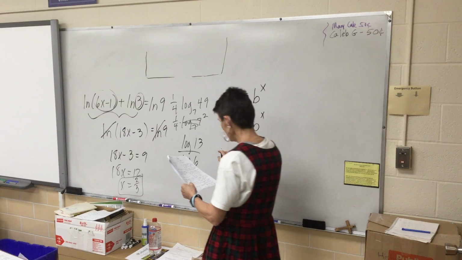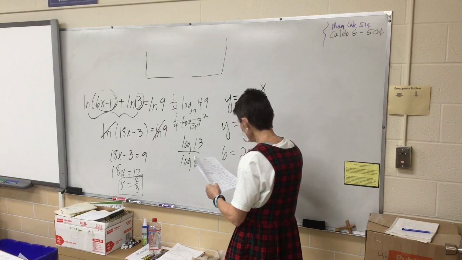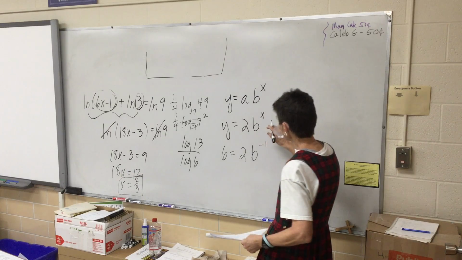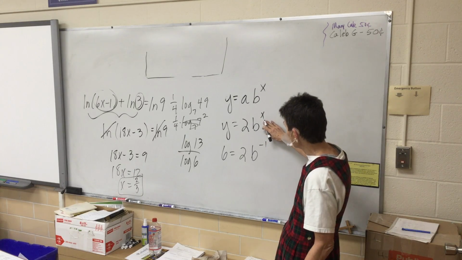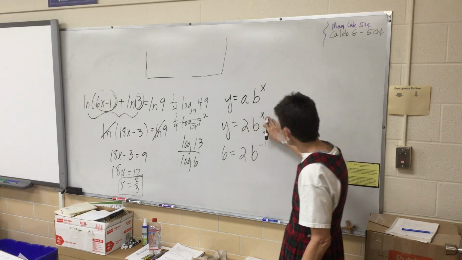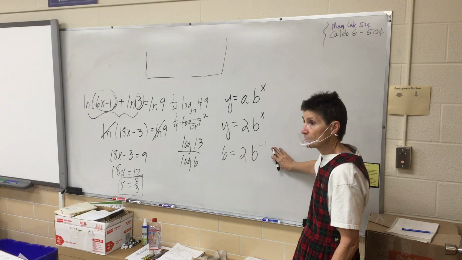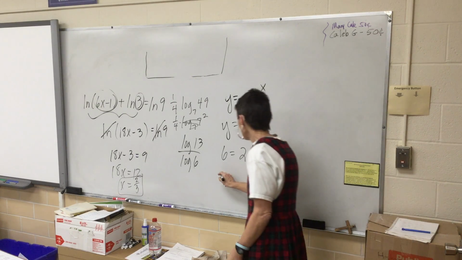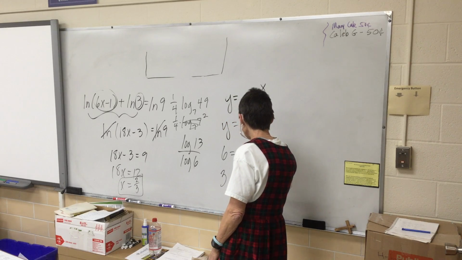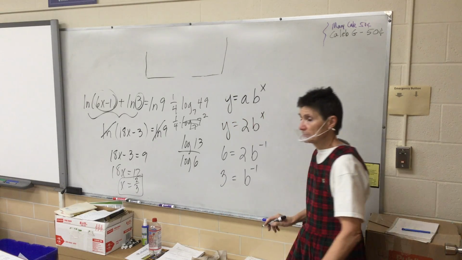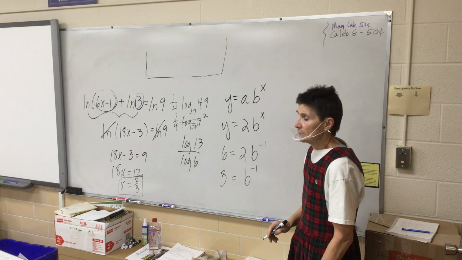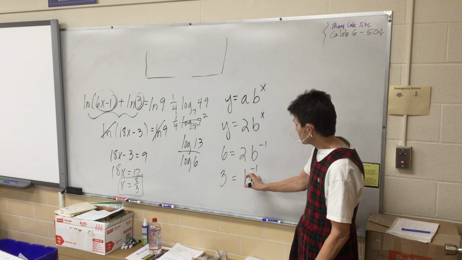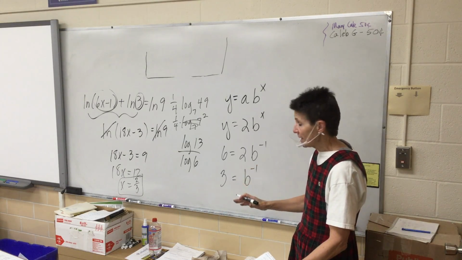Now I'm going to put in 6 equals 2b to the negative first. So I'm putting in my other point, 6 for y and negative 1 for x. So 3 equals b to the negative first. Now, some of you are going to be intuitive about that and know what that is.